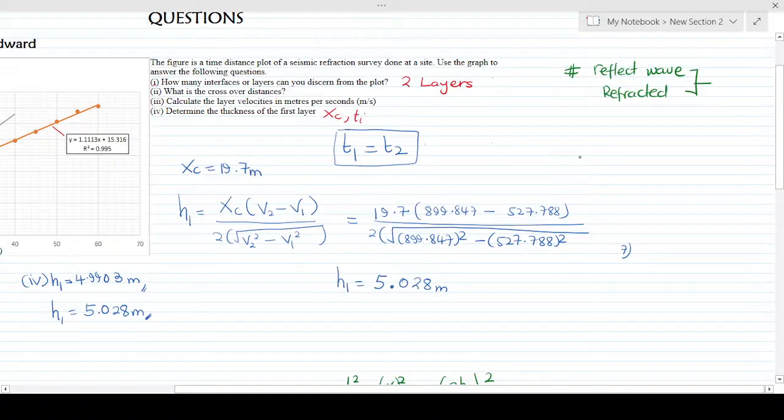We know that the geophones that are used have sensors that have been placed to a certain range, between 0 to 100 hertz, we are able to detect the refracted wave, right?